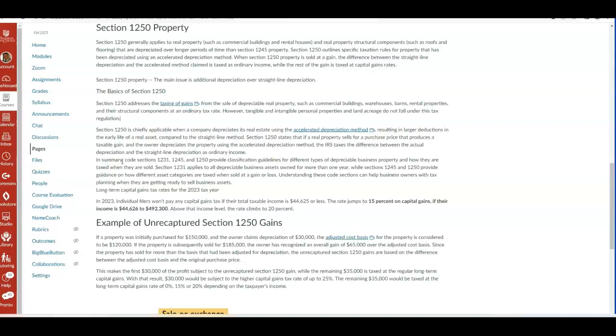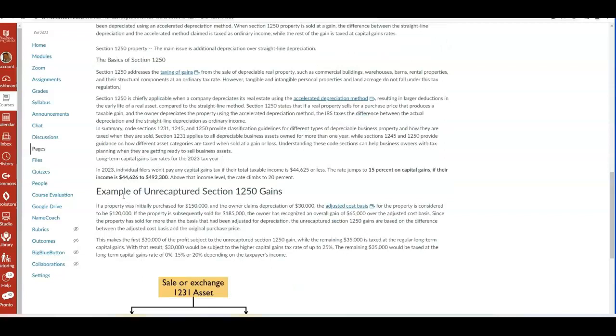In sum, sections 1231, 1245, and 1250 provide classification guidelines for different types of depreciable business properties and how they are subject to taxation.